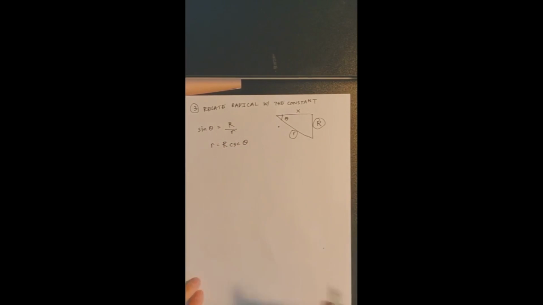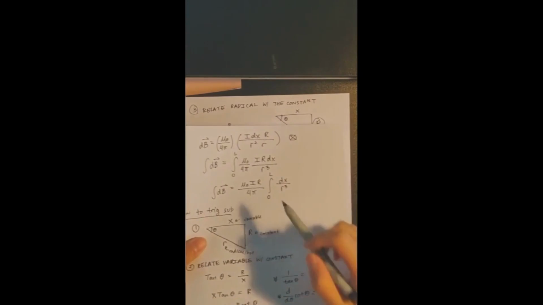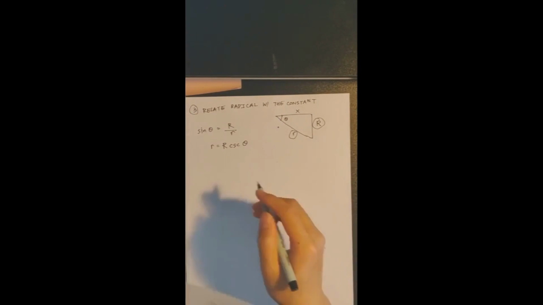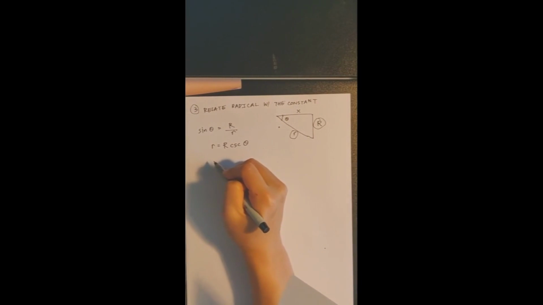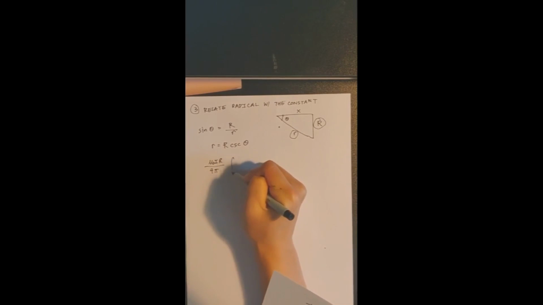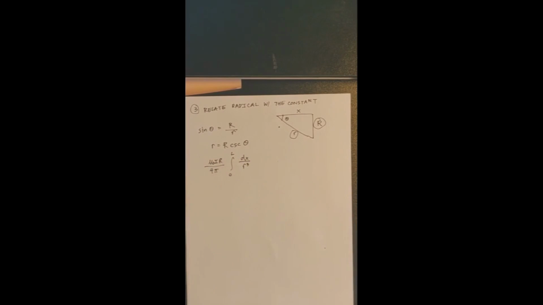So now going back to our original integral, so I still remember it, which is just this right here. Going back to that integral, you just rewrite it again. We have mu naught I R over 4 pi from 0 to L dx over r cubed.